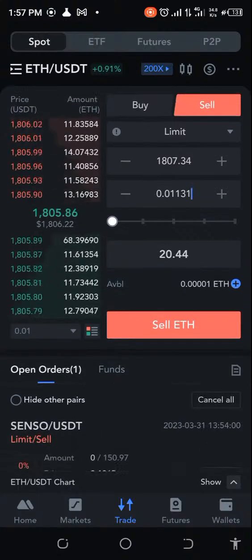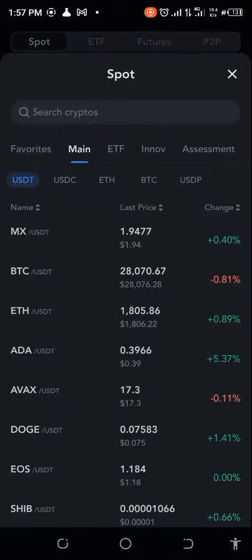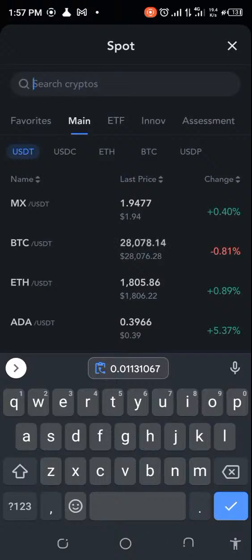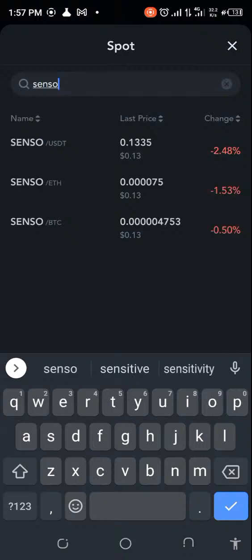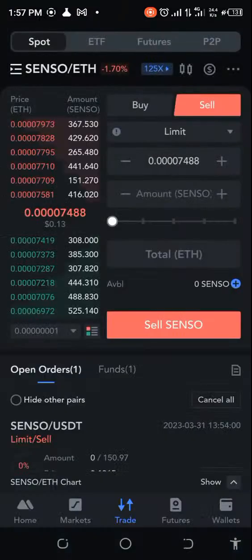Right now ETH is 1805. So let's go see whether that's possible. Let's just quickly do this. I'm just going to put it in and see whether I'm going to be able to quickly make back my money.